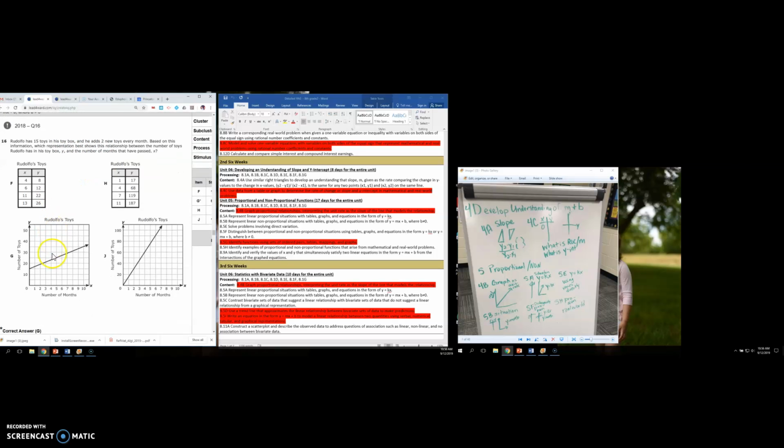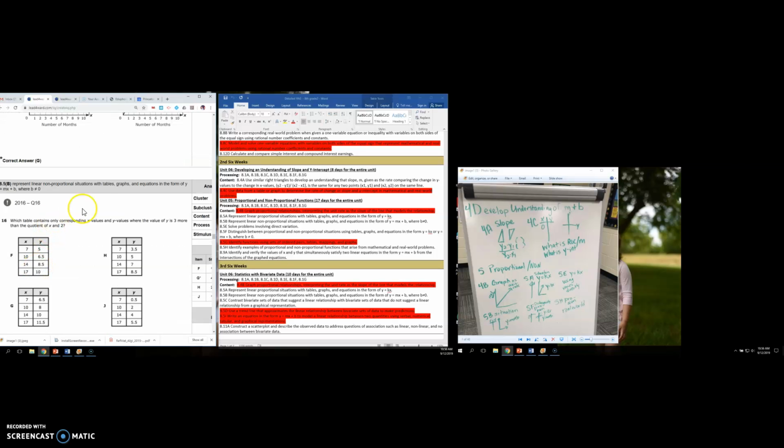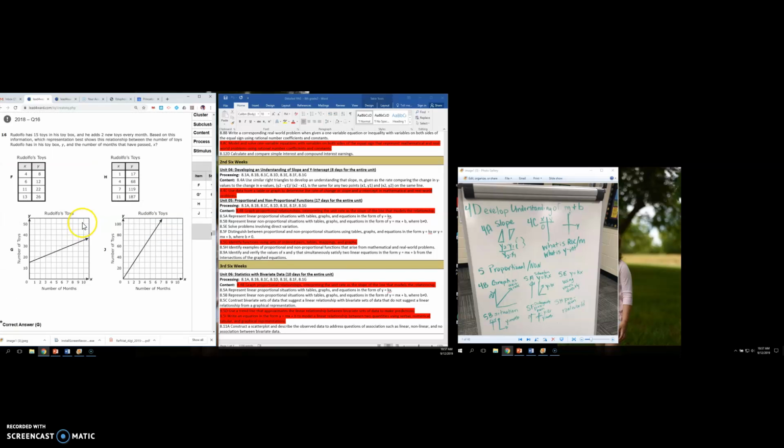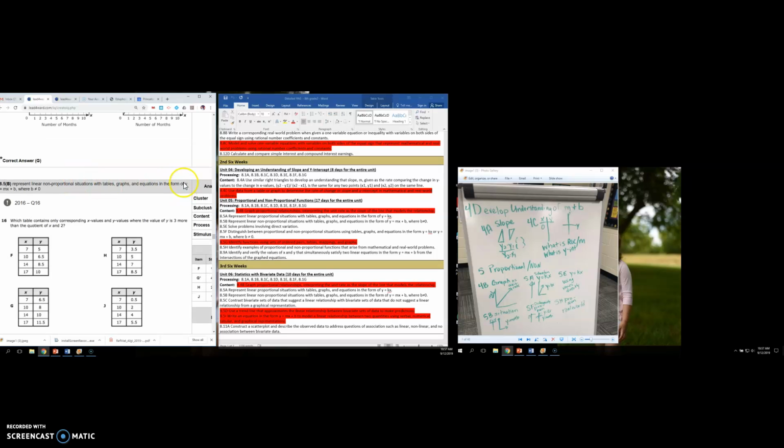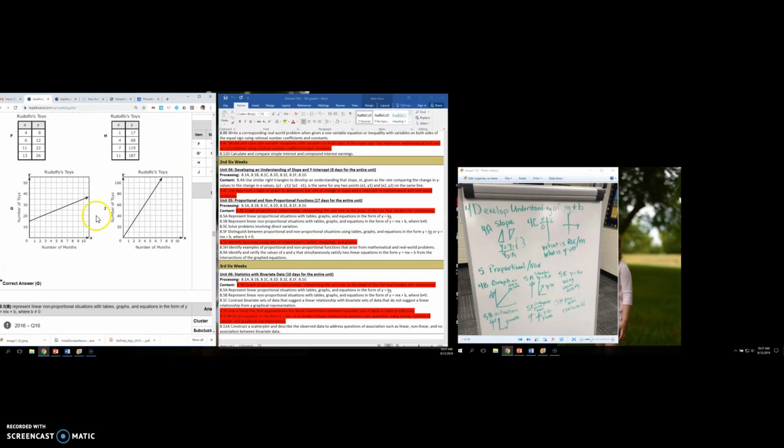So here also another problem, given a situation, come up with the table, graph, and equation from those. So these 2 examples have given tables and graphs. Not one of the examples has given you an equation form, but it is possible that you could be asked what is the equation given the situation.